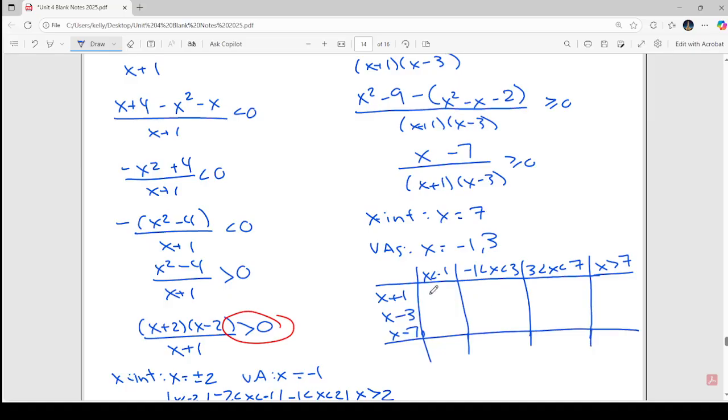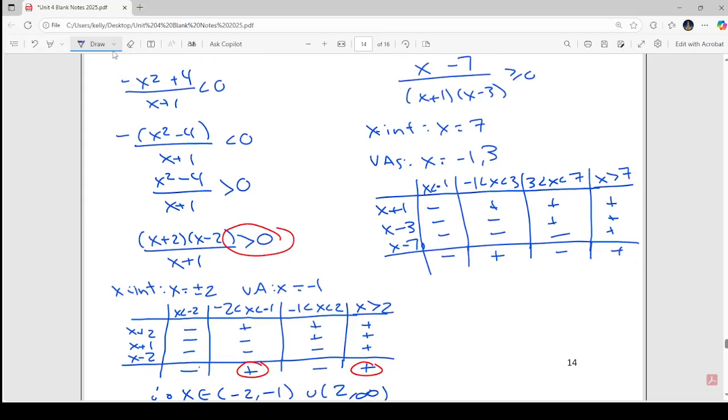Okay, for everything less than negative 1, this is all negative. Between negative 1 and 3, like 0, positive, negative, negative. A number like 4 is between 3 and 7, so these are positive, but that's still negative, and everything greater than 7, all the factors will be positive, making our function go from negative to positive, from negative to positive.